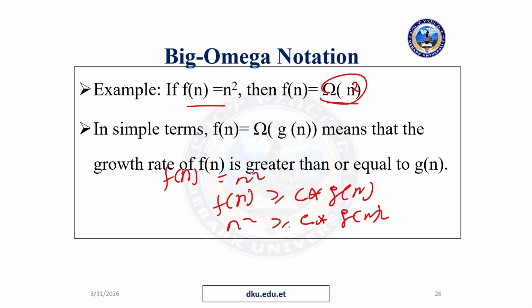So n squared is greater than or equal to c times g of n. We can pick any function that is less than or equal to f of n, and we can add equal to. So let's try n squared greater than or equal to 1 times n squared.